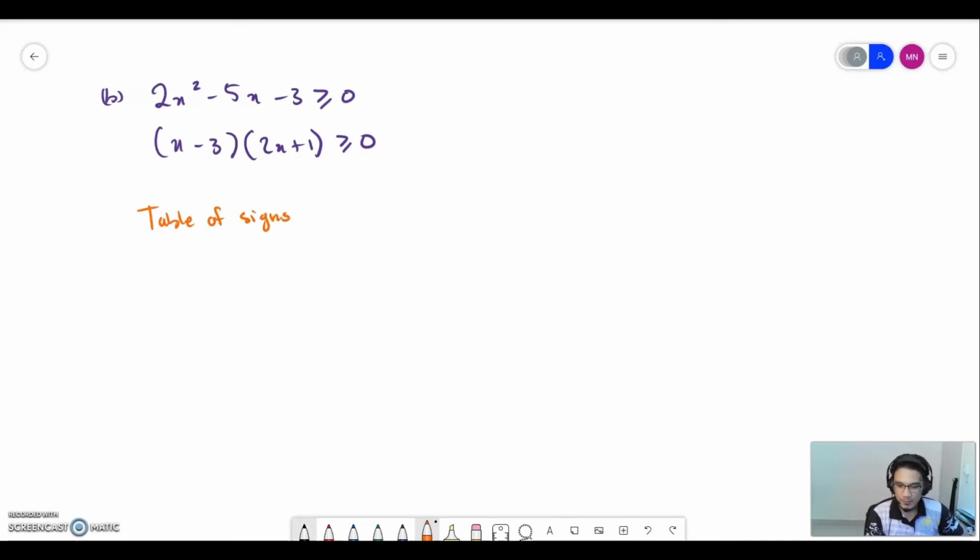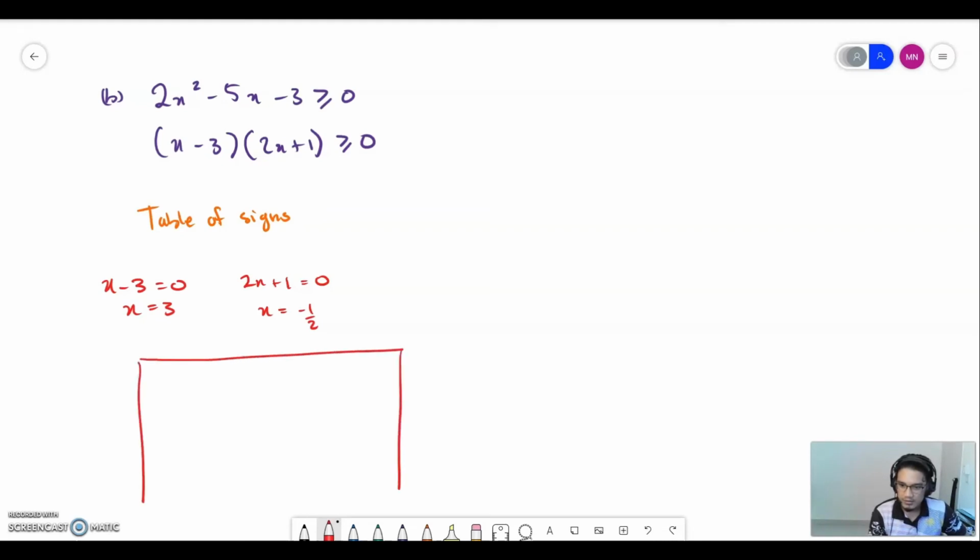For the table of signs, we take the factor x minus 3 equal to 0, so x equals 3, and 2x plus 1 equal to 0, so x equals negative 1 over 2. So that is the point. Then next we draw the table.